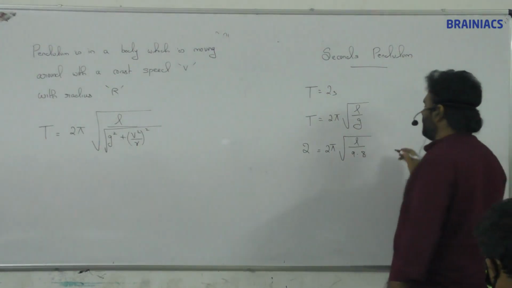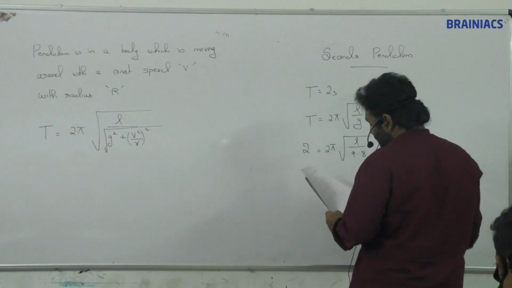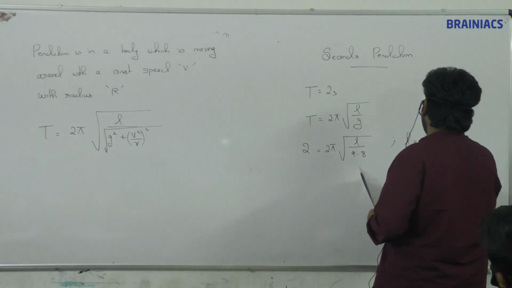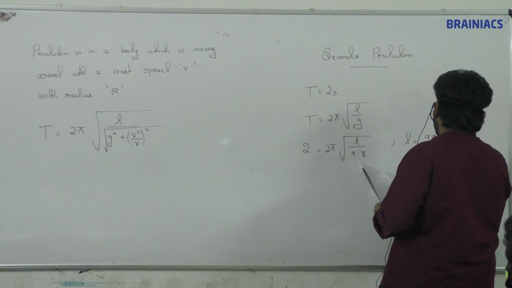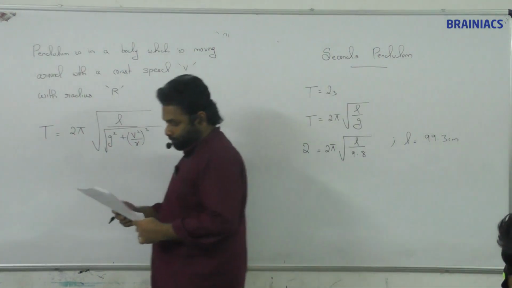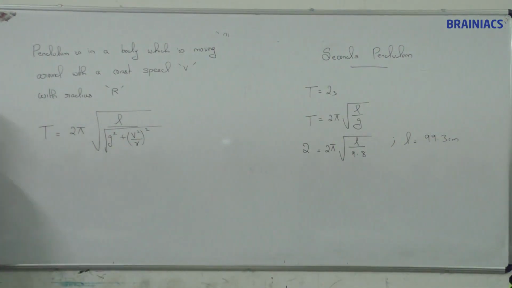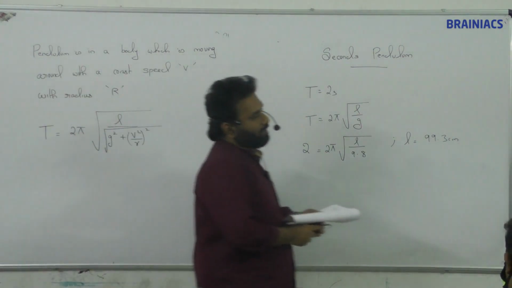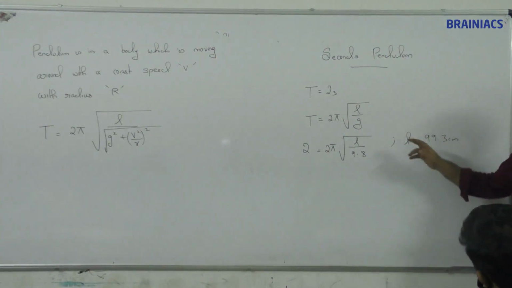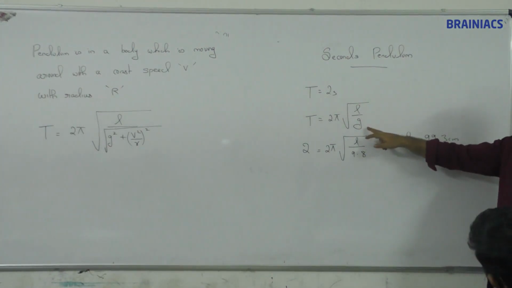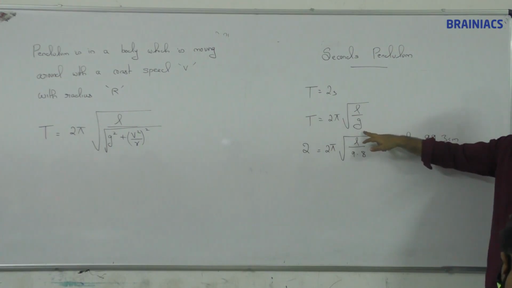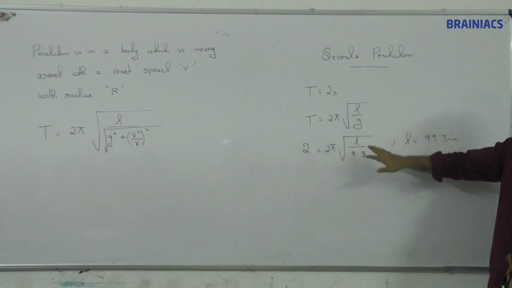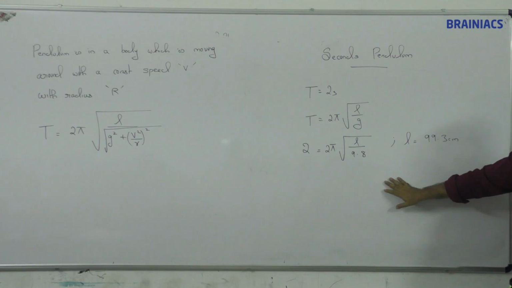If you solve this, we get the length of the seconds pendulum as around 99.3 centimeters on the Earth's surface. Sometimes they may ask what the length of the seconds pendulum is on the Moon, or on some other planet where acceleration due to gravity is half of the Earth's. For that purpose only I give this. Clear?